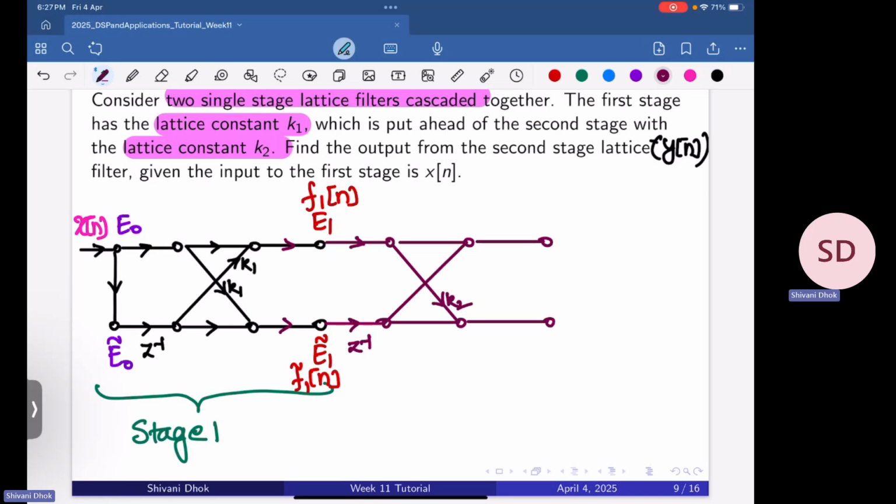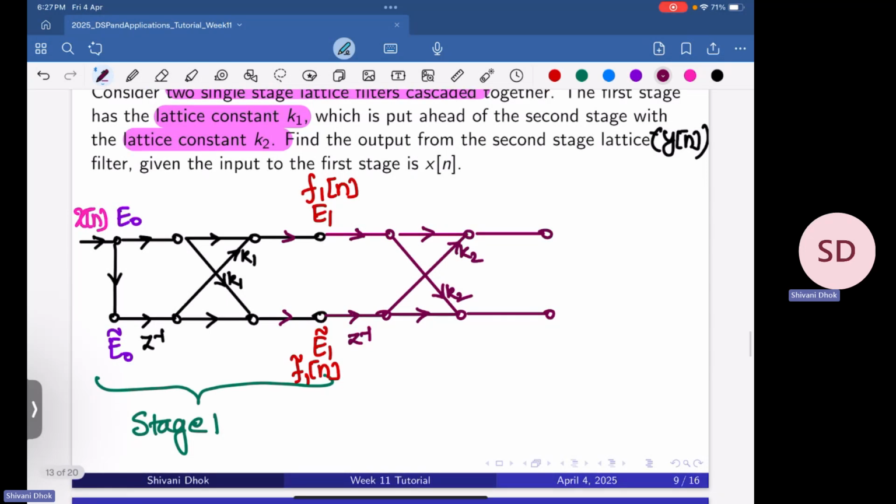Then we have a K2 going like this. These go like this. And after that, what we get here at this end, we get E2. And here we get E2 tilde. And we take the output as our E2. So here I get my Y of n. And this is my stage 2.